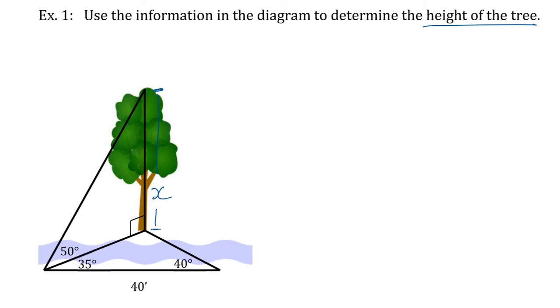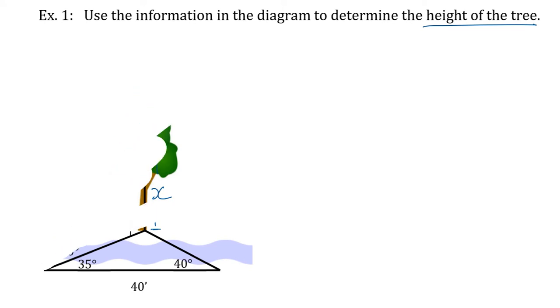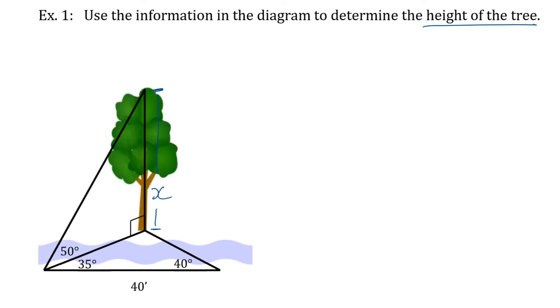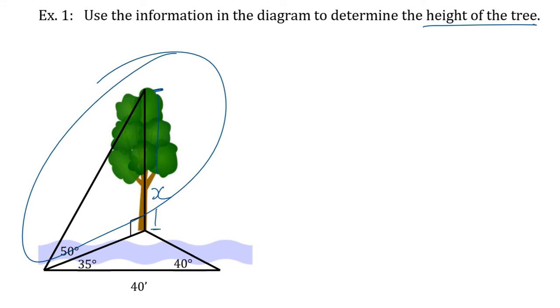That's one of the strategies. I could even ignore this entire thing and just look at that triangle and just say, well, what could I solve for? That's one strategy.